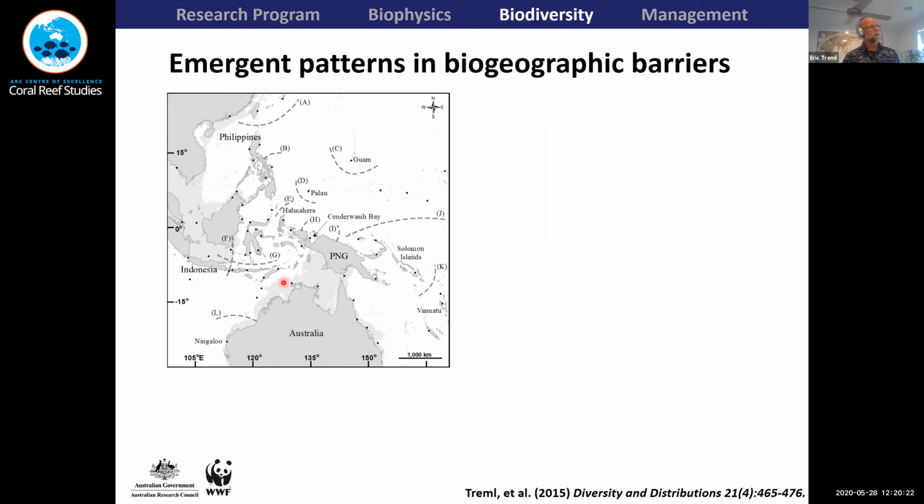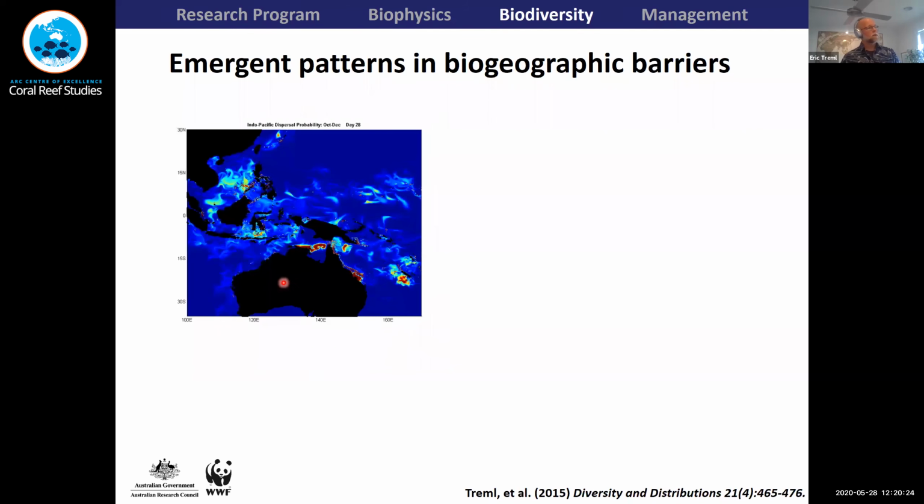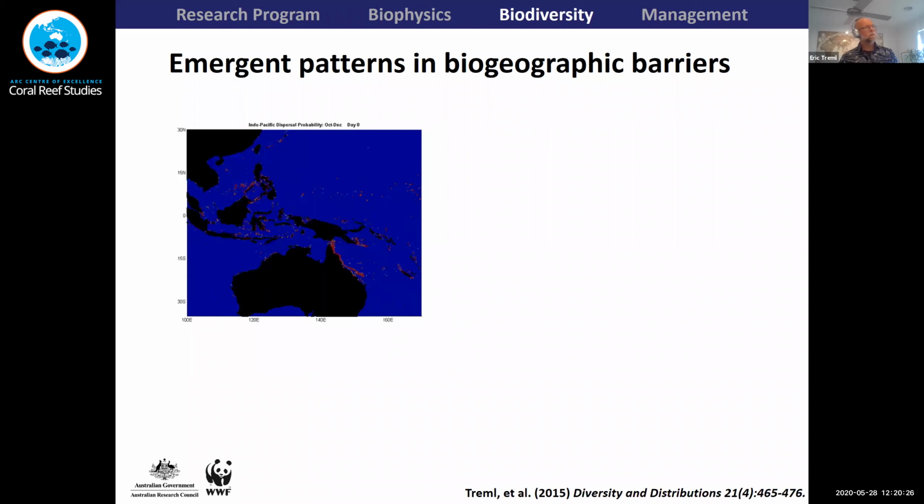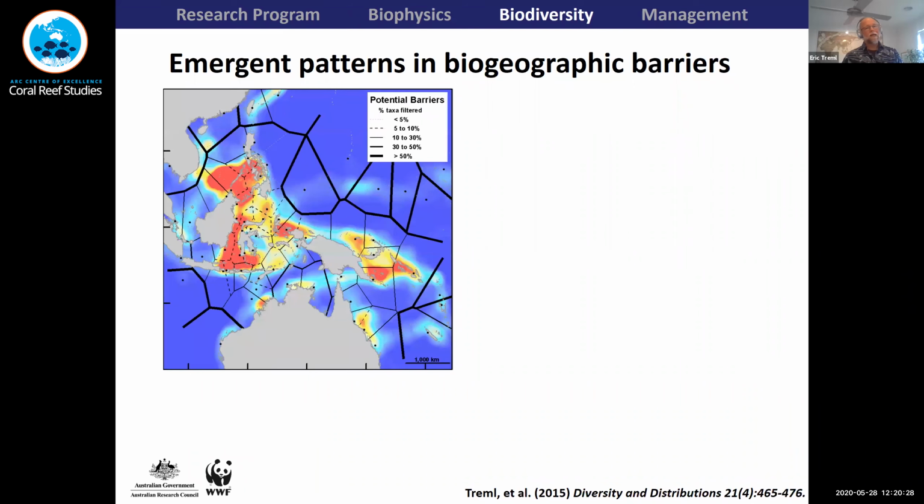biogeography and phylogeography. So we used our advective transport algorithm to model many different species, tessellated the surface, developing these boundaries between every pair of sample points, and simply asked, what's the proportion of species that can or cannot make it between sample sites?